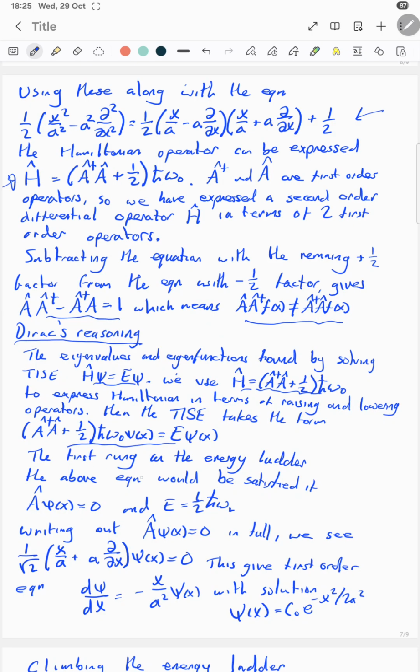The first rung on the energy ladder: the above equation would be satisfied if A hat of psi of x equals 0 and E equals 1/2 h bar omega 0. Writing out the operator equation A hat psi equals 0 in full, this gives the first order equation here with solution here.